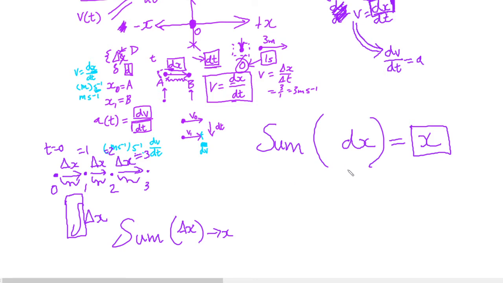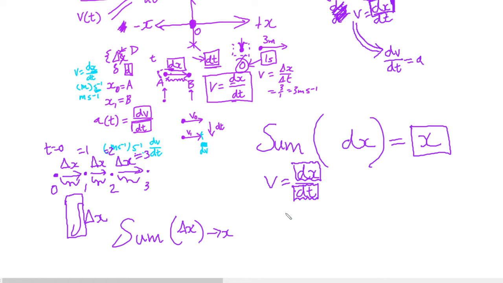So how does this help us? Because we know that the integral of dx would be x, but how does this help us? Well, we know that velocity is the rate of change of distance with respect to time. And since dx is sort of a change in displacement, and dt is a change in the time it is, these are sort of physical quantities that we can mess around with.